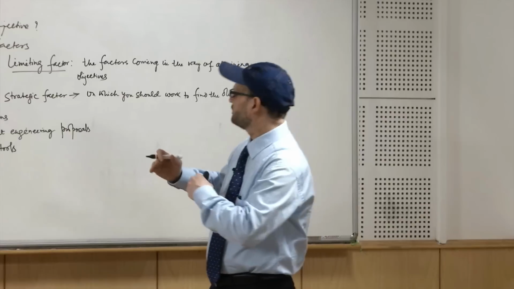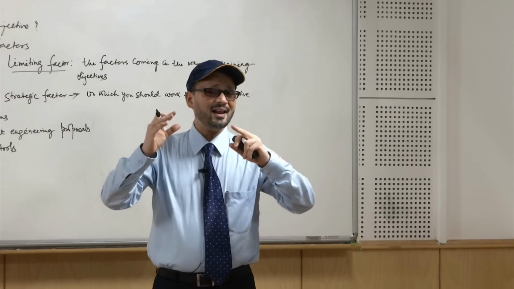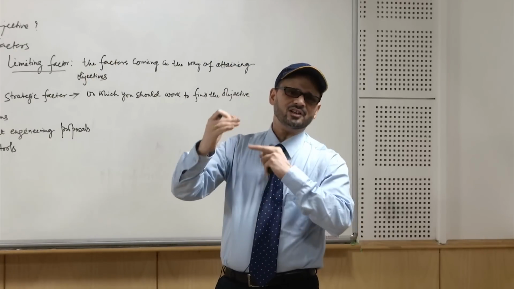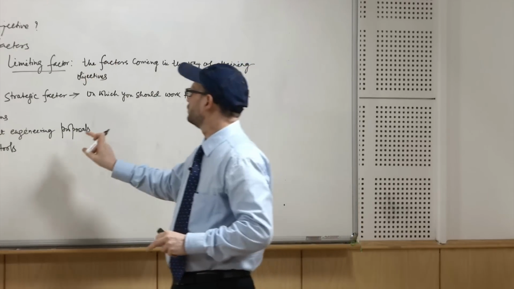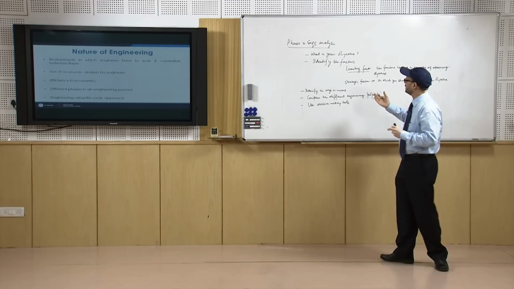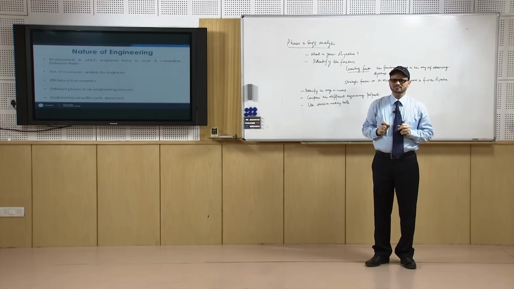So, there are different kinds of analysis tools by which you can analyze, you can predict about it, and ultimately you can suggest which of the engineering proposals is the best one. So, that is how the different phases are there in the engineering process.